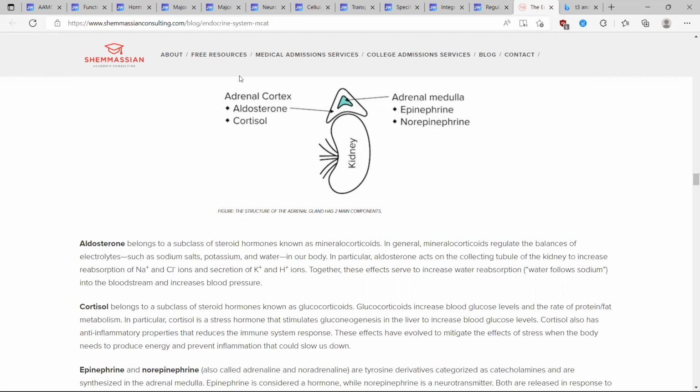Just in general, if we have a lot of ions in here, then the water is going to want to go in there. And that's essentially what aldosterone is doing. By hanging on to all these ions, it's forcing the water to go to where the ions are. But we'll explain that more when we talk about the kidneys themselves.